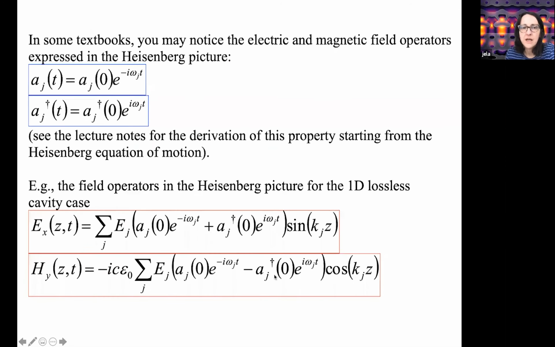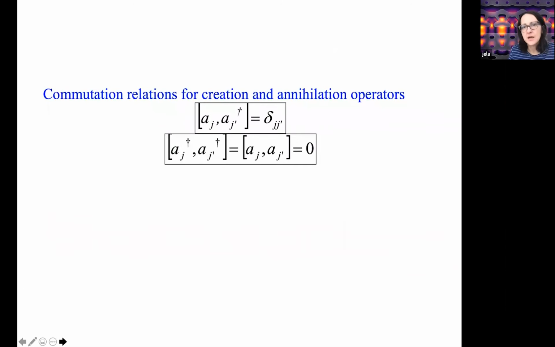But you can equivalently express them in the Heisenberg picture, because the Heisenberg picture representation of annihilation and creation operators has these extra terms, e to the minus i omega t and e to the plus i omega t. So if you express your field operators in the Heisenberg picture, this is how they would look. And then from your states of the system, from wave functions, you will remove the time dependence. You will have it in the operators. This is just a side note so that when you see that in quantum optics, it's not confusing.